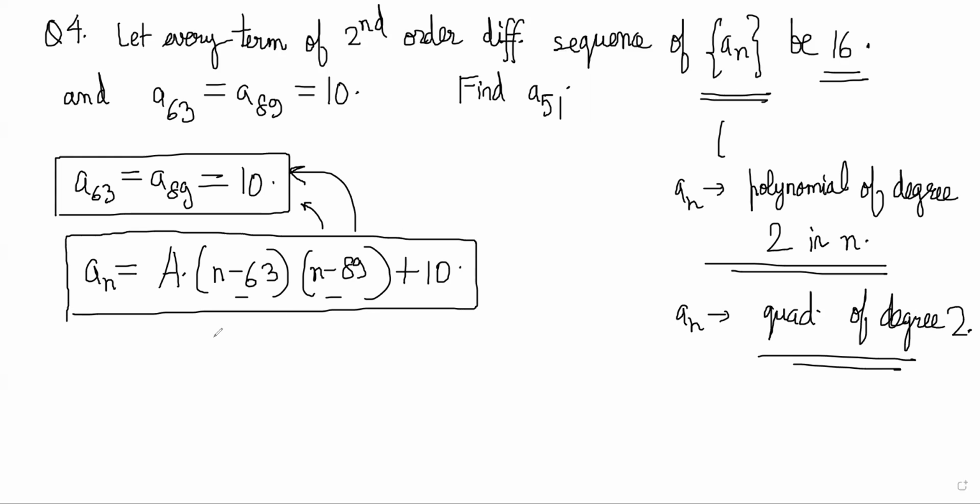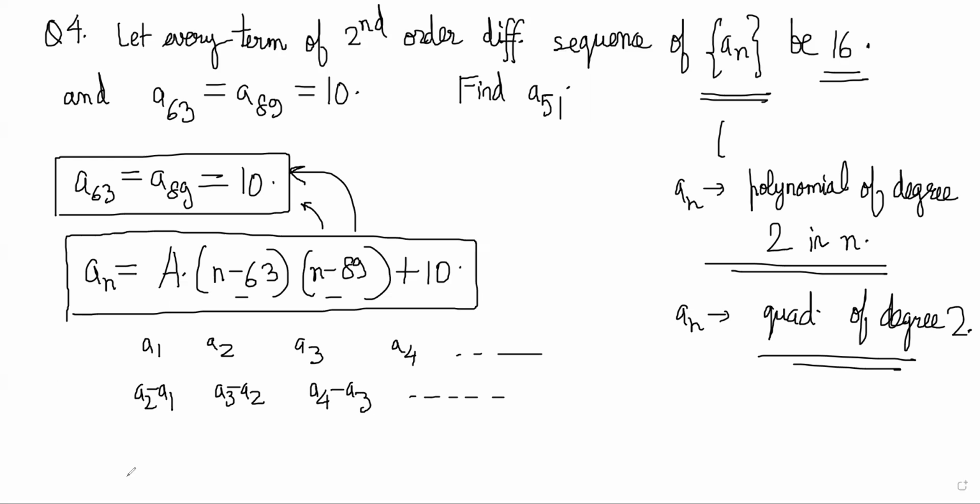So now what we can say is that this is my an, and let's say we write the terms a1, a2, a3, a4, and so on. The first order difference sequence will be what? a2 minus a1, a3 minus a2, a4 minus a3, and so on.